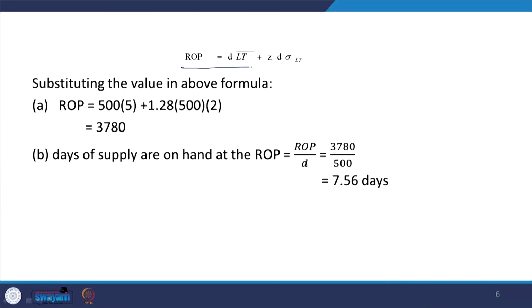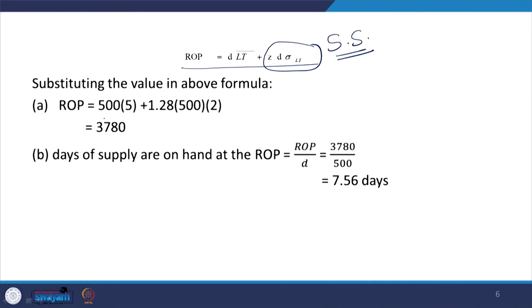Now, let us see how we calculate. In this particular case this is the formula, where this term represents safety stock. This is the third formula, if you remember from our previous session, for calculation of reorder point. This first term represents the consumption during the lead time period.